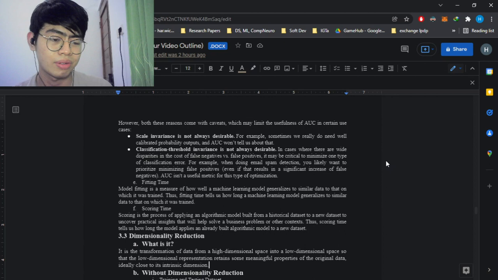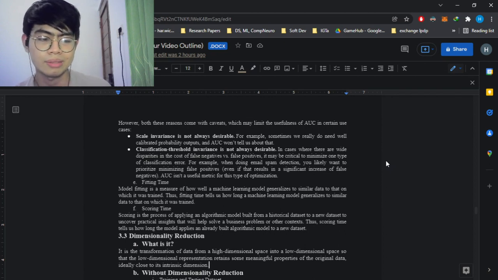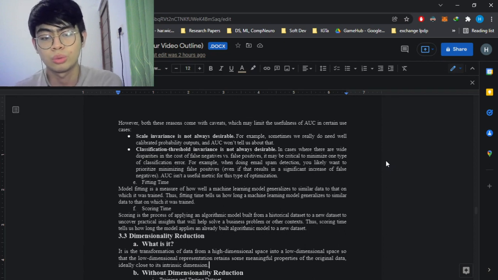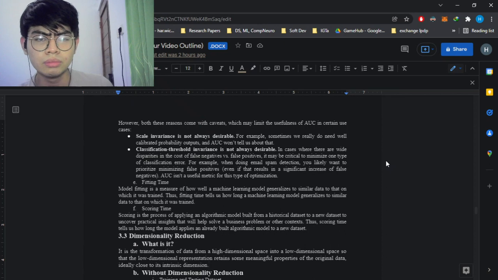This case is very rare because it practically means you don't have enough time to complete the model fitting and model scoring in time, right?